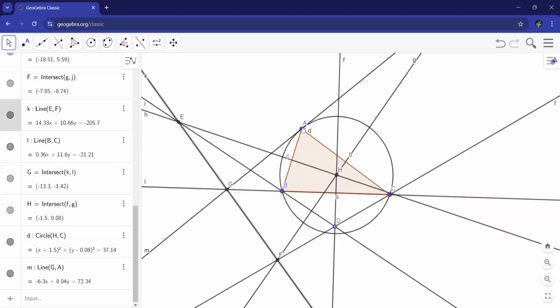So we're almost done. We just need a clever way of defining the third circle passing through B and C, so that this line is the radical axis of the point circle at A and the circle through B and C.